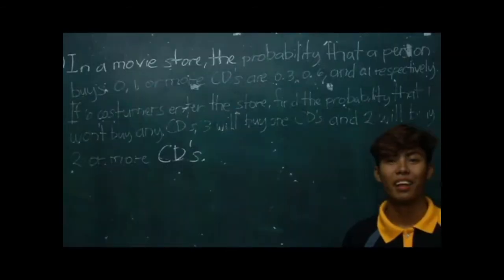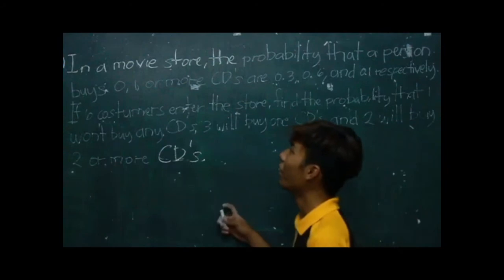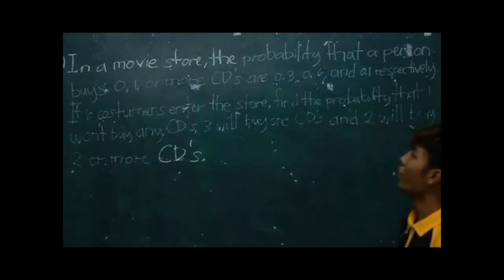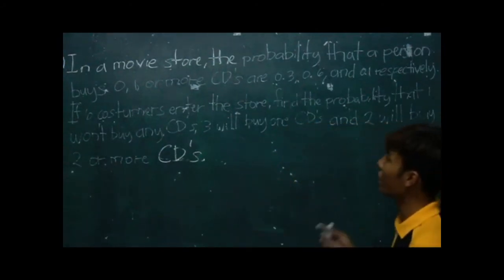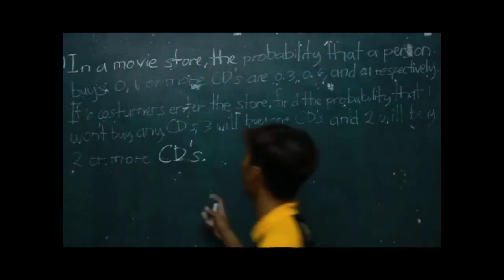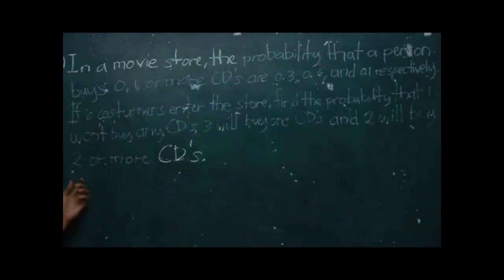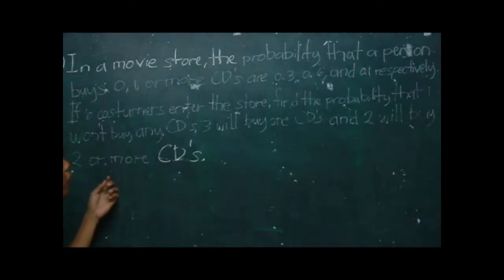And here's another example on the board. In a movie store, the probability that a person buys 0, 1, or more CDs is 0.3, 0.6, and 0.1 respectively. If 6 customers enter the store, find the probability that 1 will buy no CDs, 3 will buy 1 CD, and 2 will buy 2 or more CDs.